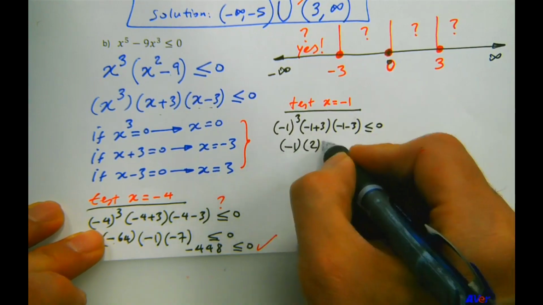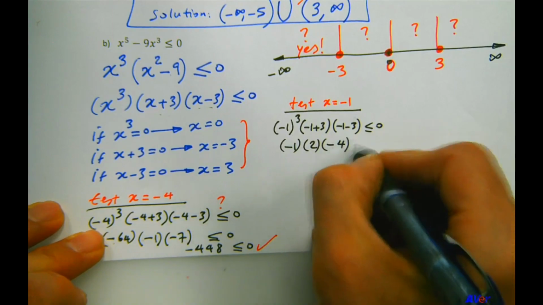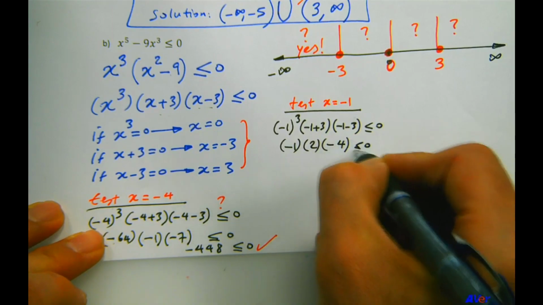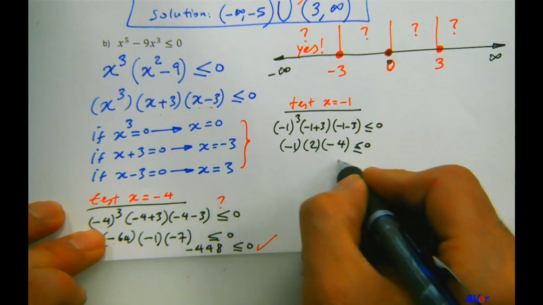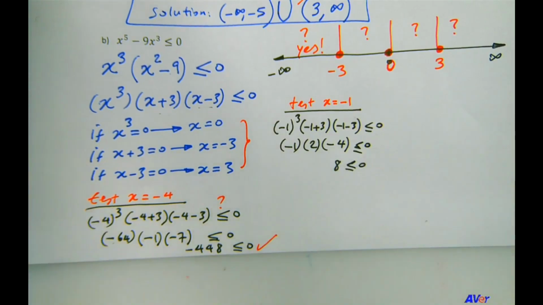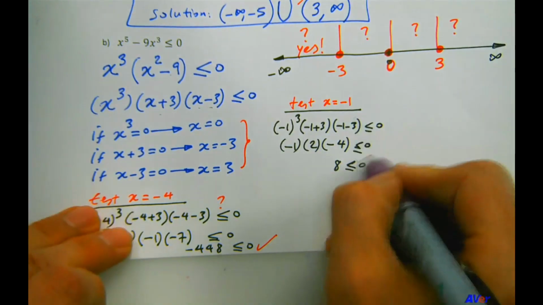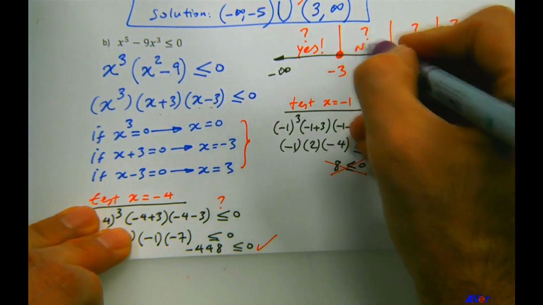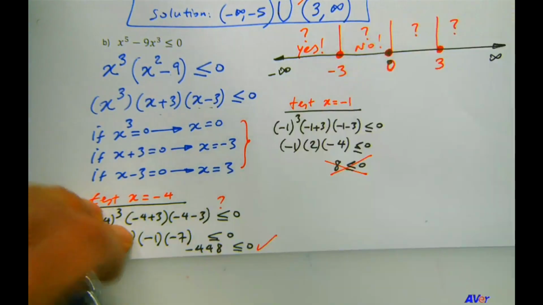Negative 1 times 2 times negative 4. We have positive 8. Is this true? Is 8 less than or equal to 0? No. So none of the numbers in that region are going to be part of the solution.